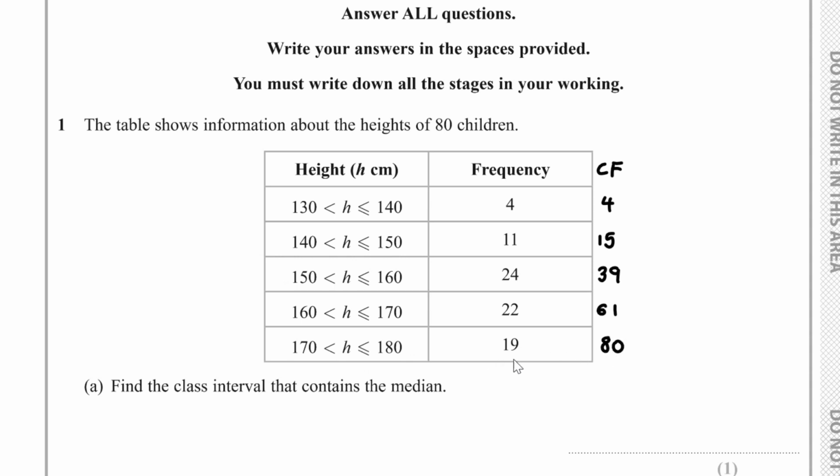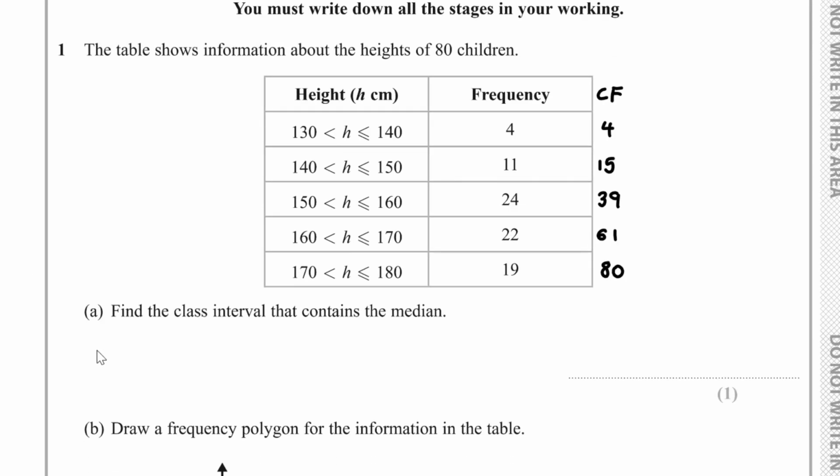Now, we can find the position of the median by working out n over 2. So we've got n over 2 tells us the position of the median. So we've got 80 divided by 2, which is 40.